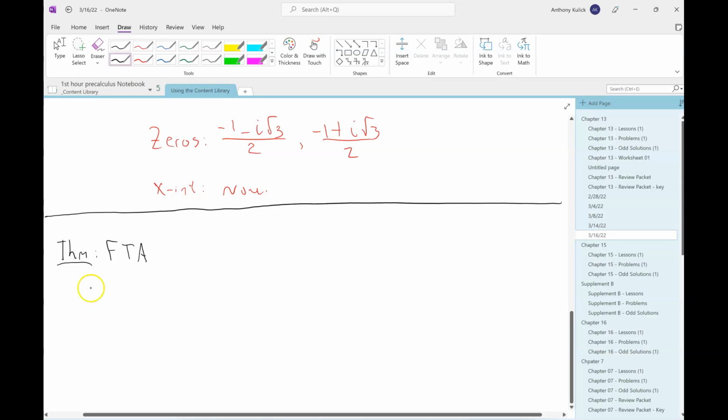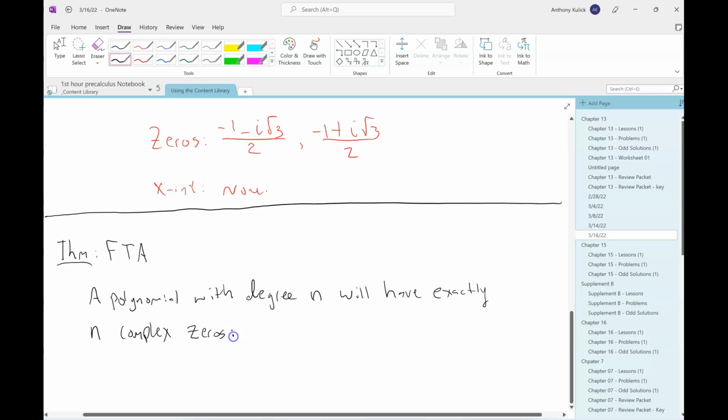It tells us that a polynomial of degree n will have exactly n complex zeros, that is, if we are counting our multiplicities.